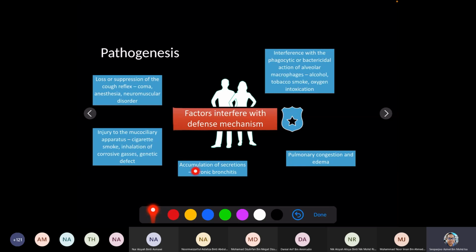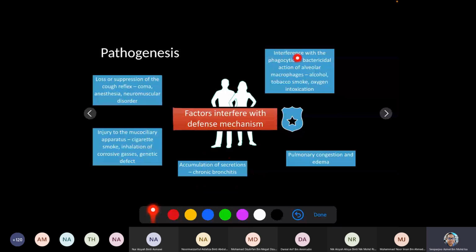So this will interfere with the defense mechanism. Apart from that, if there is accumulation of secretion, for example in chronic bronchitis, in which a lot of mucus is being secreted and unable to be excreted through cough reflexes, this is a good medium for the bacteria to grow in.